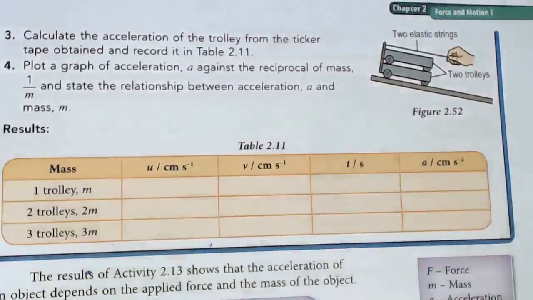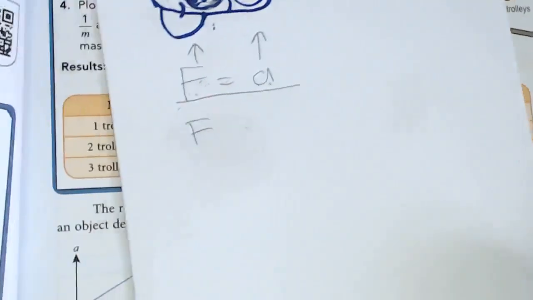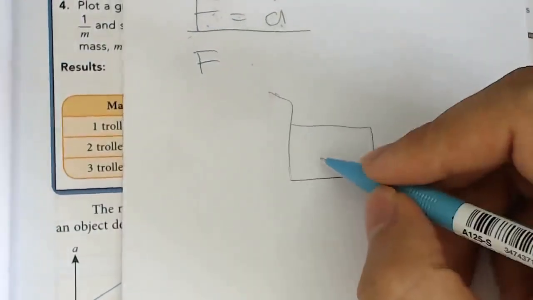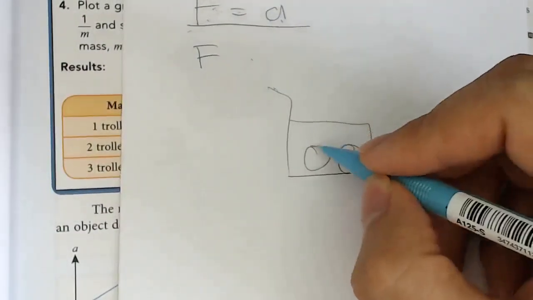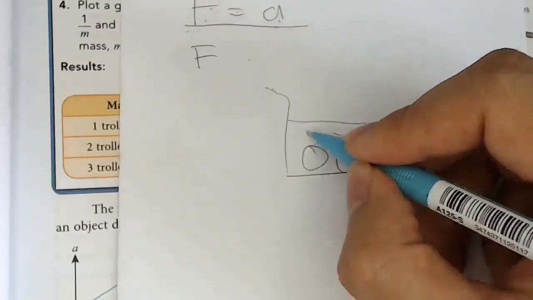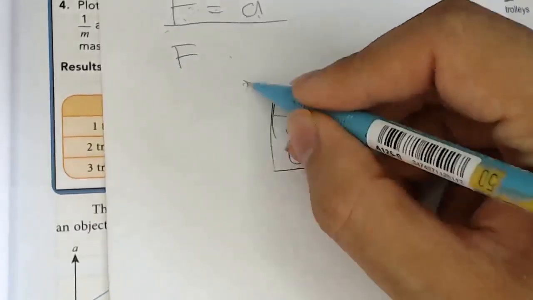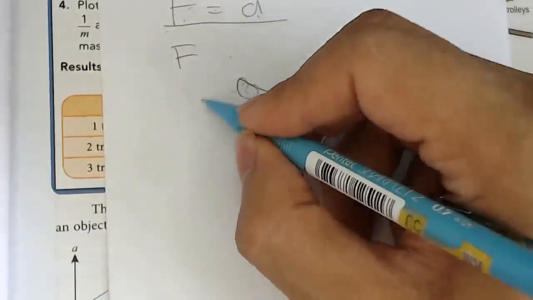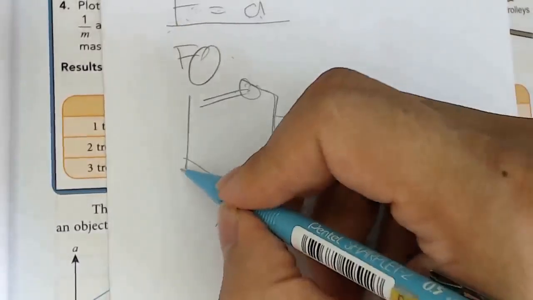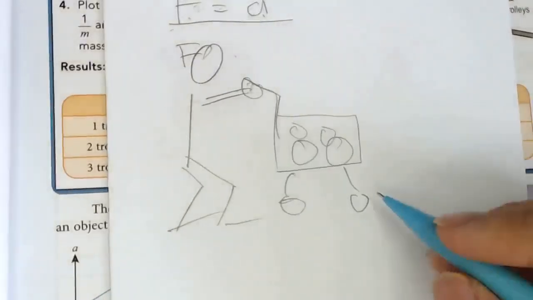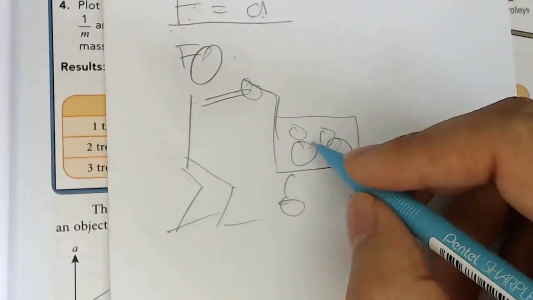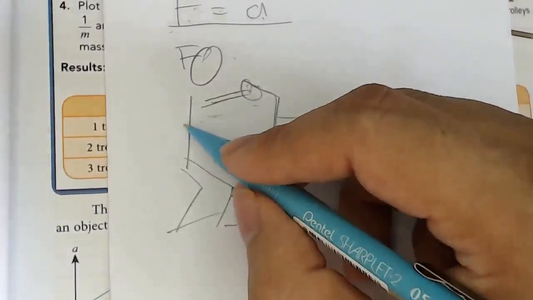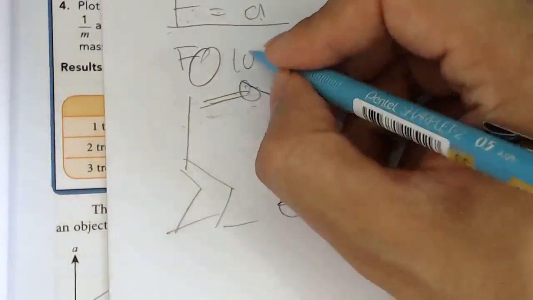Have you ever pushed a trolley? You go to the supermarket, we have a trolley to fill with whatever goods there, chicken, fruits, vegetables, whatever that is. You have this trolley and you push it. Before, when this trolley is empty, you exert the same force by your own strength, let's say 100 Newton.